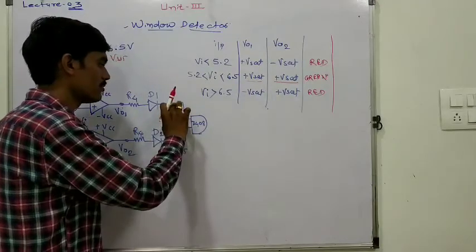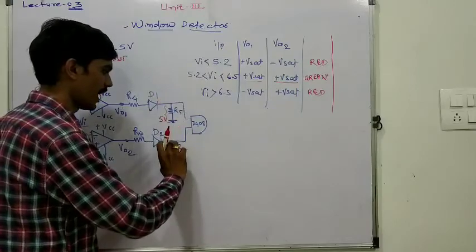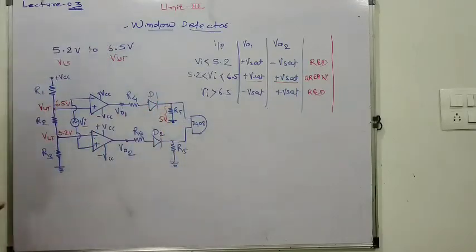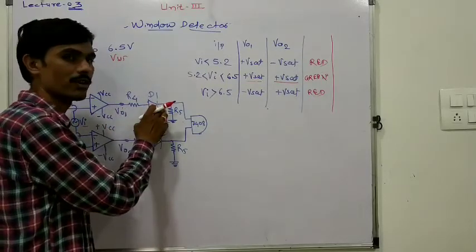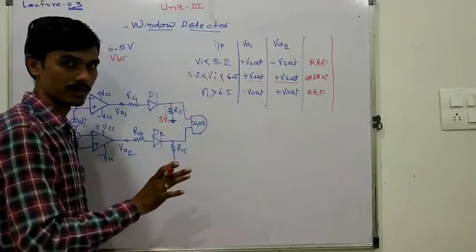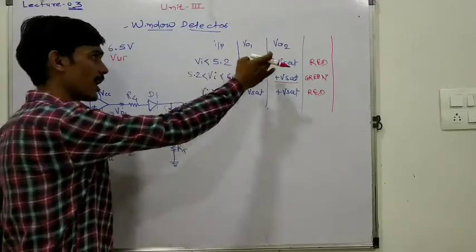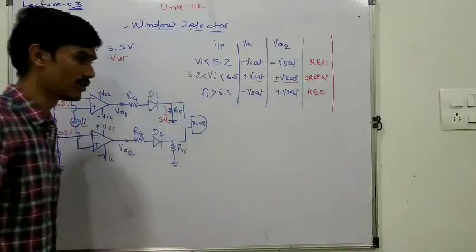The voltage drop across R5 must be 5 volt. If we have minus Vsat, definitely it will not transfer. That means this will provide 0 volt. So there is no need to transfer minus Vsat across this diode to the logic.